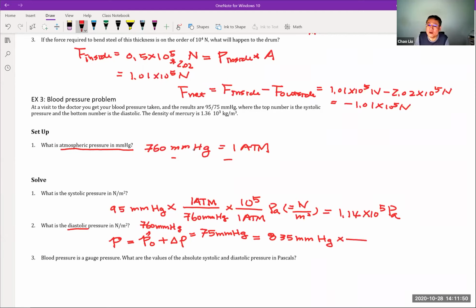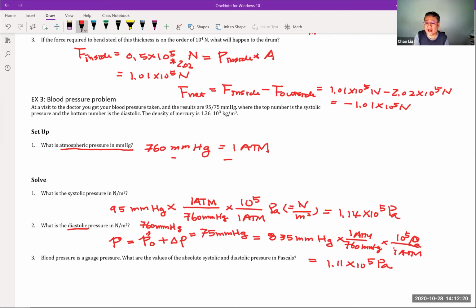You multiply 1 atm and divide by 760, and you multiply 10 to the fifth Pascal over 1 atm. That will give you the result of this one, which will be equal to 1.11 times 10 to the fifth Pascal.